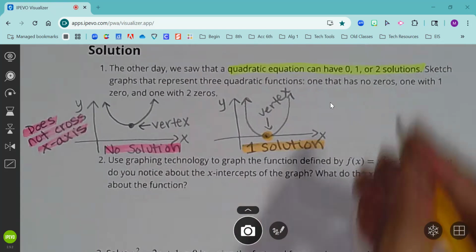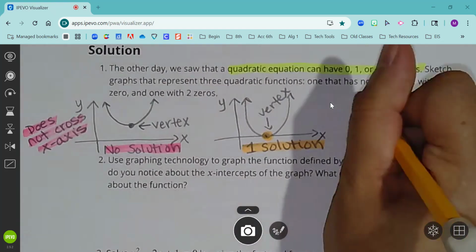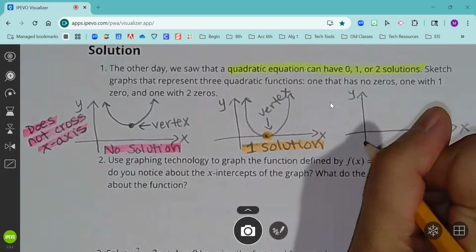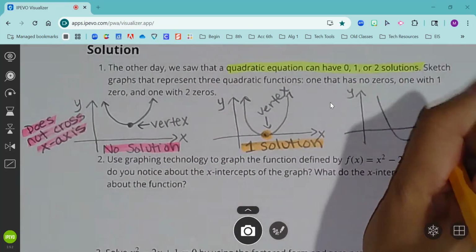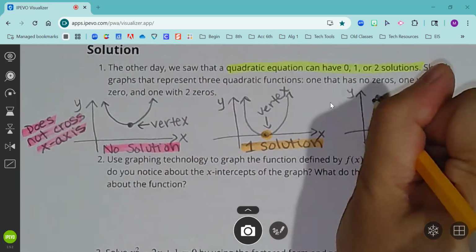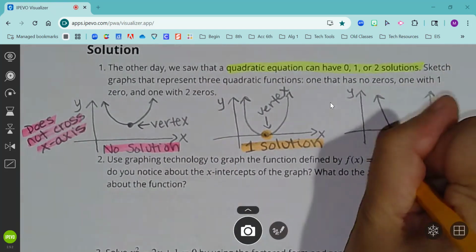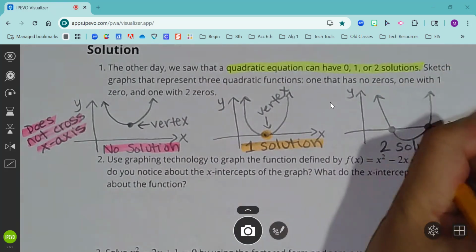And then a two solution graph means that our graph, our parabola, would cross the x-axis twice. So this would be a two solutions.